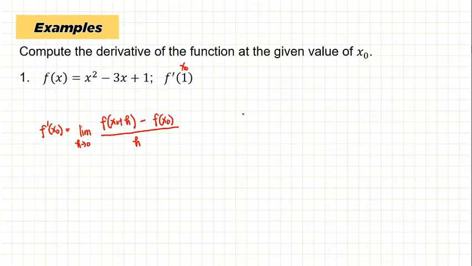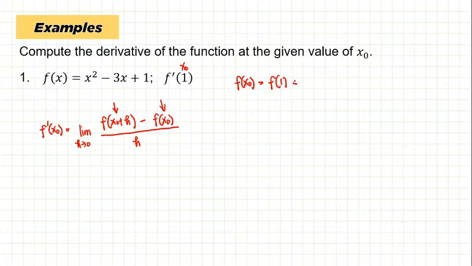Now take note, we can only solve this one if we know f of x sub o plus h and f of x sub o. So let's solve first for these two values. Let's start with f of x sub o, which is just equal to f of 1 since x sub o is 1.